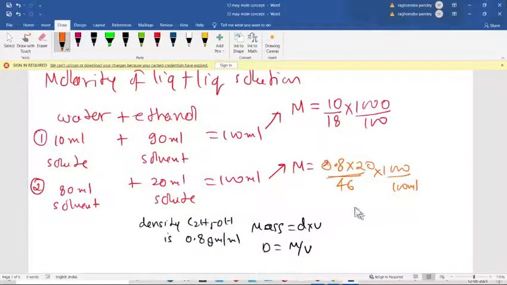So this is how to calculate with density. If you have any doubt, please ask.